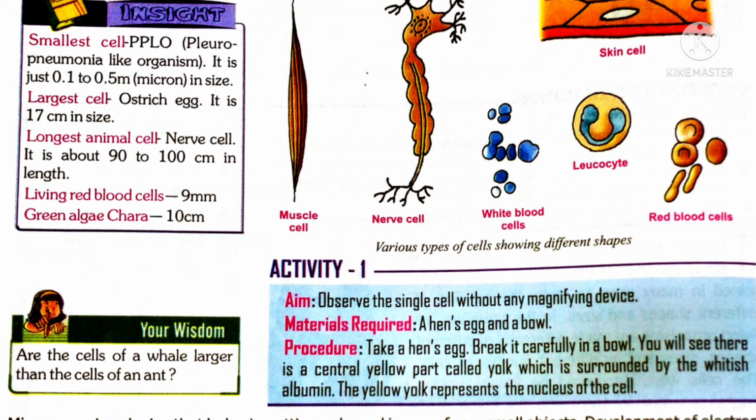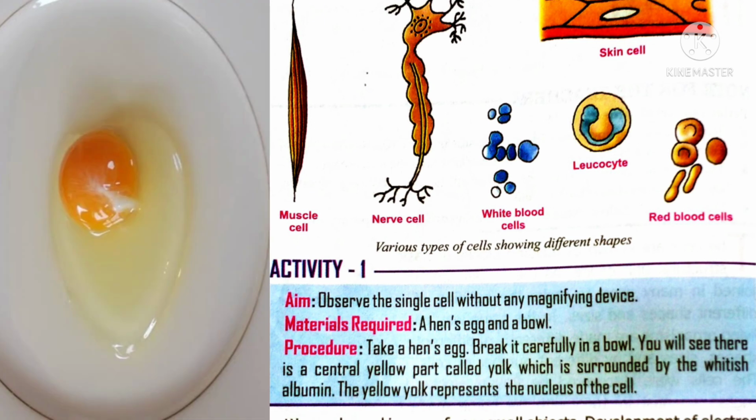Activity 1 is to observe a single cell without any magnifying device. I told you a hen's egg is a big cell which we can see with our naked eye. There is no requirement of any microscope. So here the materials required are a hen's egg and a bowl.